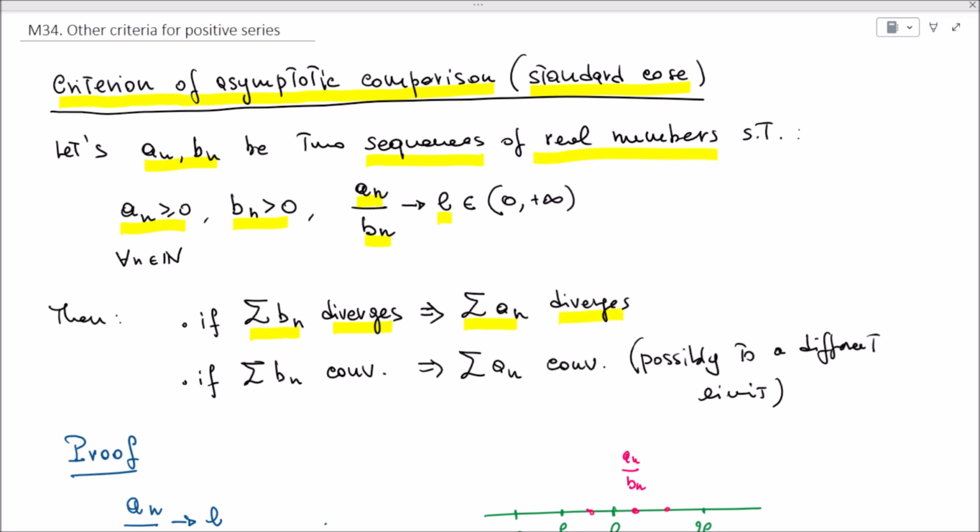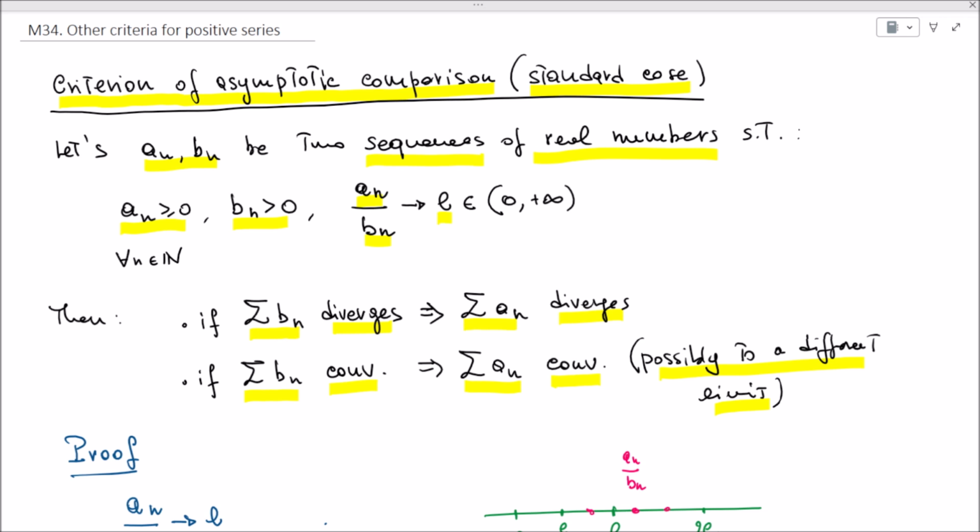So if one diverges, the other diverges. And the same thing happens if the series built on top of Bn converges, then we can conclude that the series built on top of An converges as well, possibly to a different limit, but we don't care about the numerical value of the limit, we only care about the type of behavior.